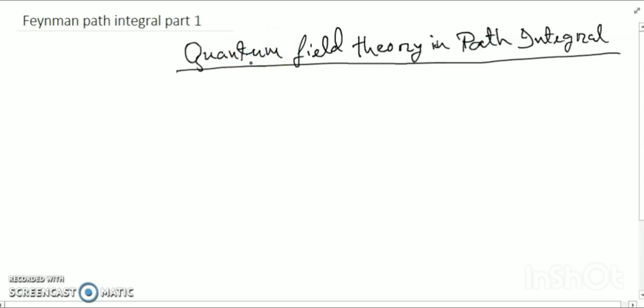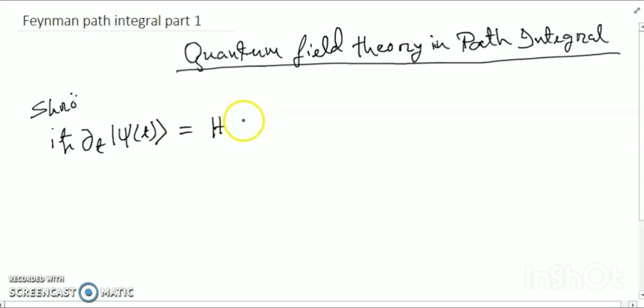Motivations. Recall the Schrodinger equation: i h bar del t of the state vector psi of t equals the Hamiltonian acting on the state vector psi of t.